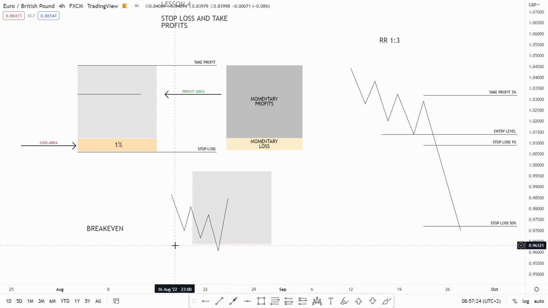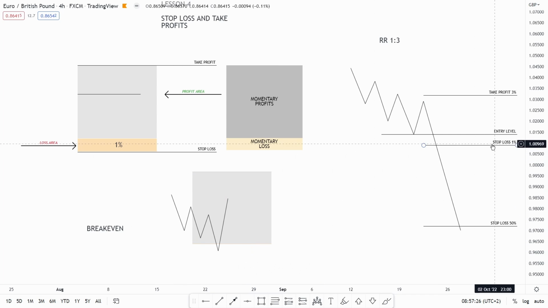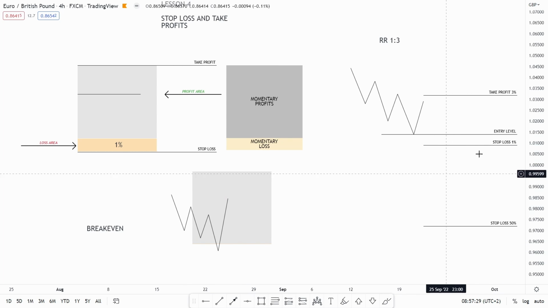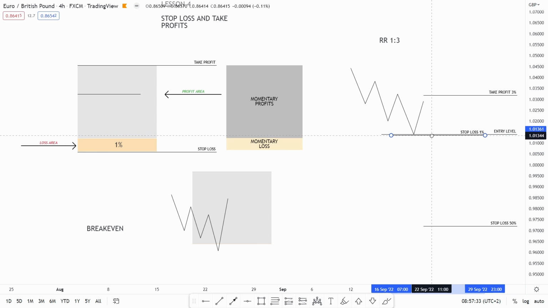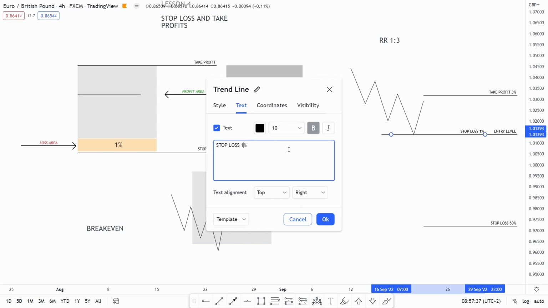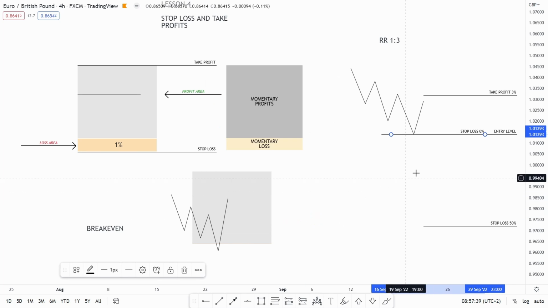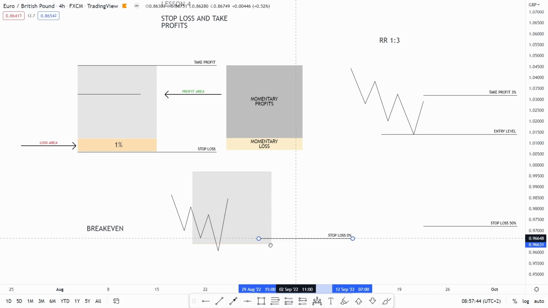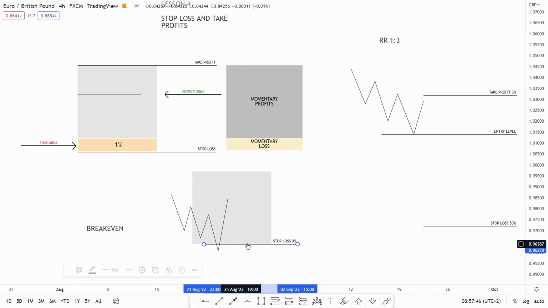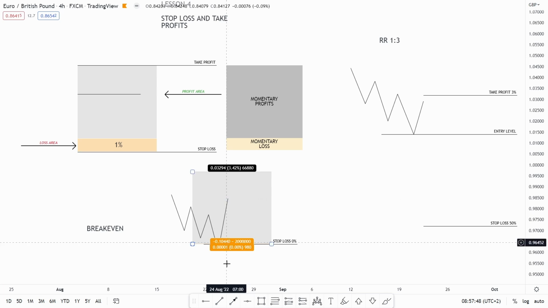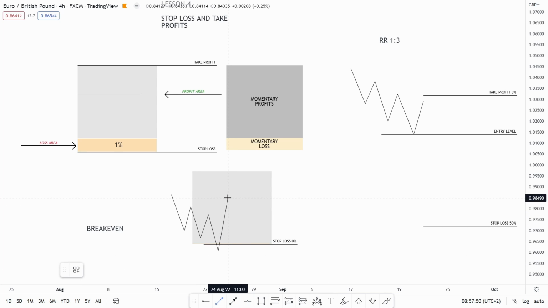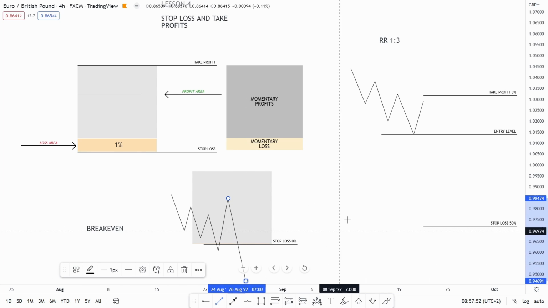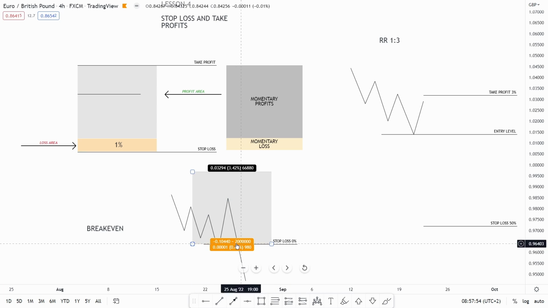What it means is that we move our stop loss of 1% up to the 0% level. So if the market decides to go straight down and maybe go even further, we are not going to lose any money.